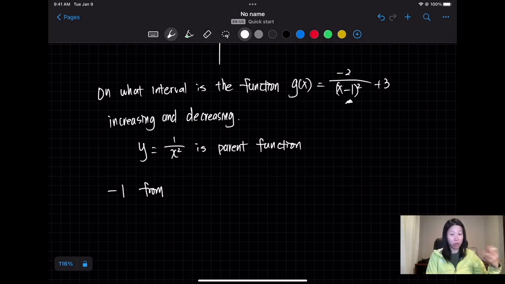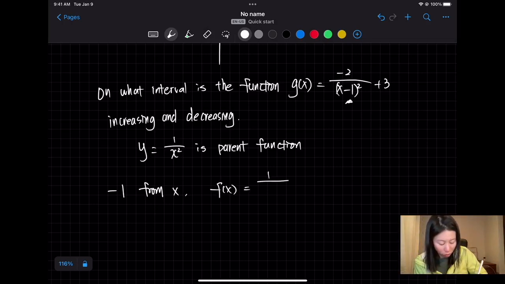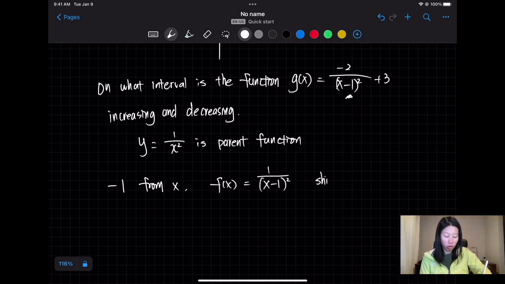Well, you subtract 1 from x, so you have the function f(x) equals (x minus 1) squared. That means the function is going to be shifted to the right 1 unit.